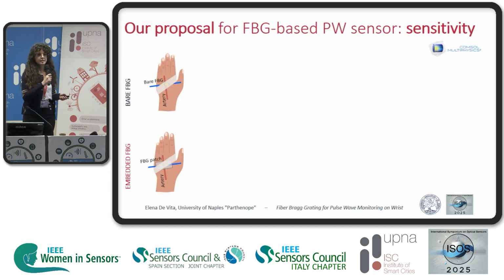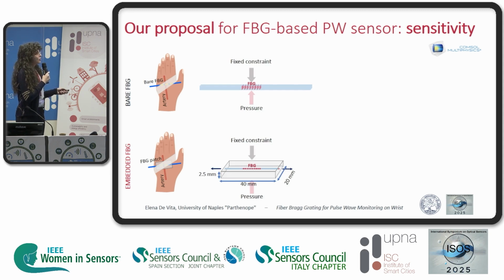The first one is a bare FBG on the skin, on the back of the hand, in correspondence of the ulnar artery, and the second configuration is the FBG embedded inside the patch. And we will use in the experimental test an elastic band to fix the position of the sensor. So we consider these two geometries.